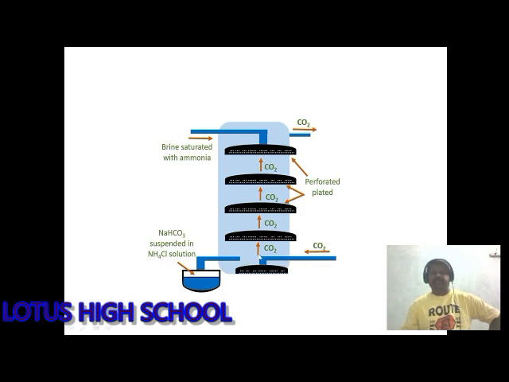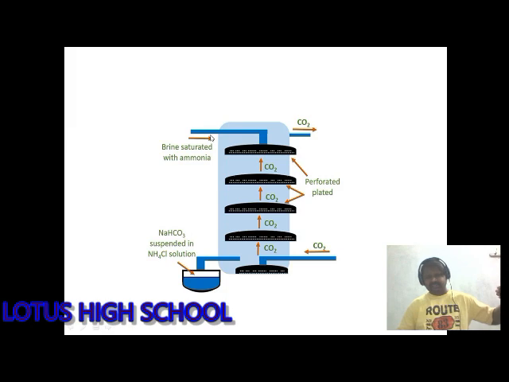The carbon dioxide gas moves slowly in the upward direction. Any excess carbon dioxide, which has not reacted with the brine solution and ammonia, comes out through the upper outlet.